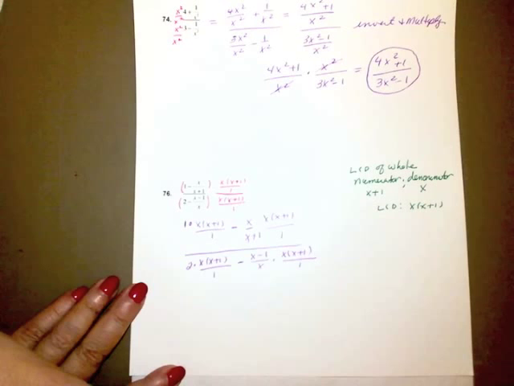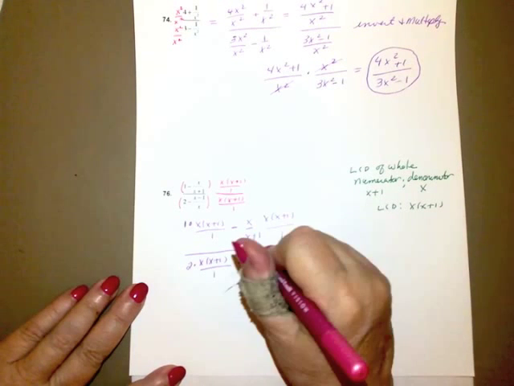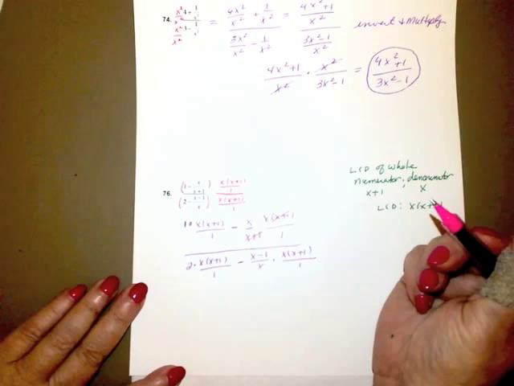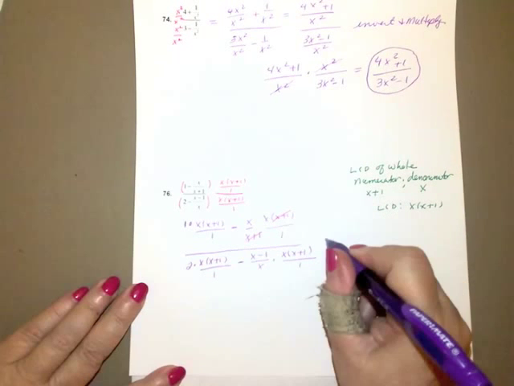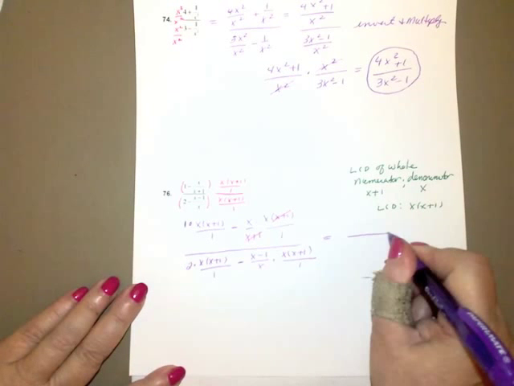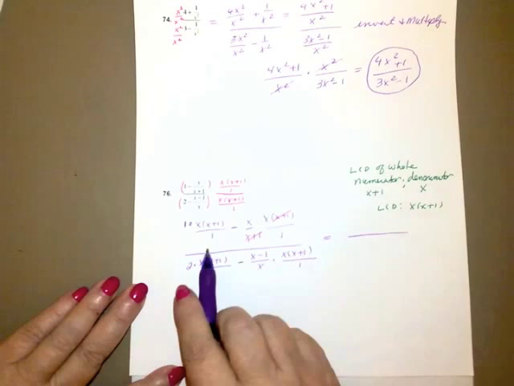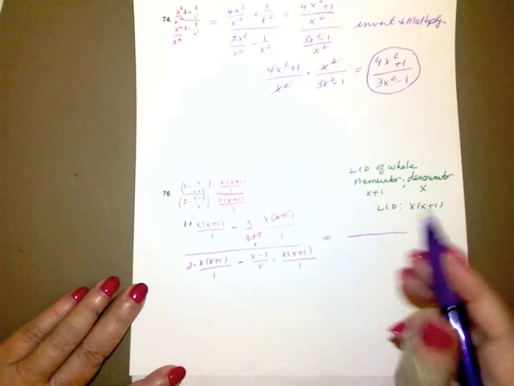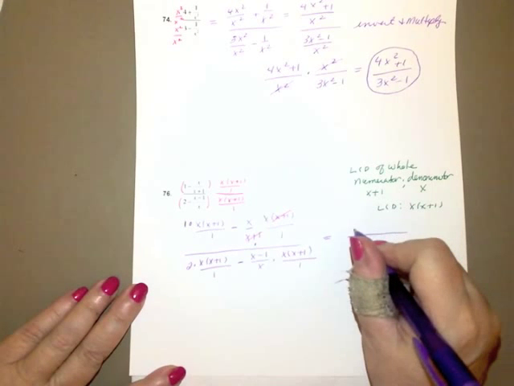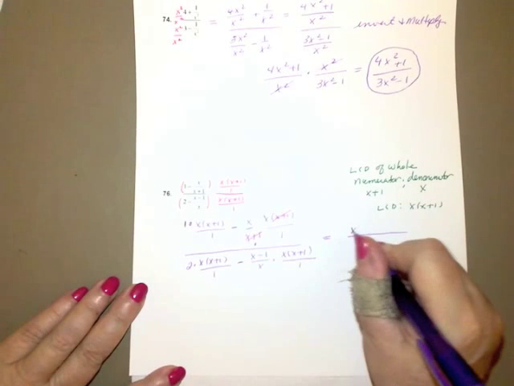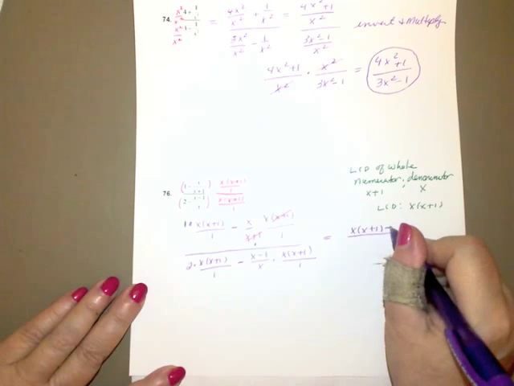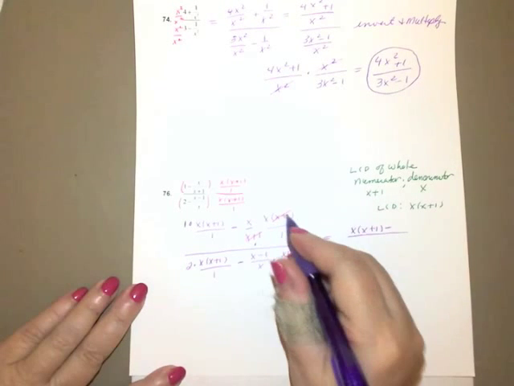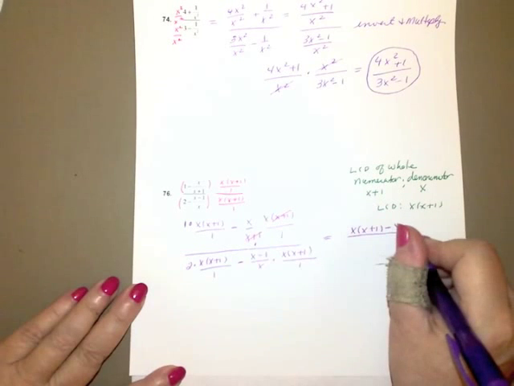Now what you'll notice is, when I did this, the x plus 1s will cancel in the numerator. And the fraction collapses down onto itself, because now all of the denominators are 1. I get 1 times x plus 1, or x times x plus 1, minus the x plus 1's canceled, so I'm just left with x times x, or x squared.